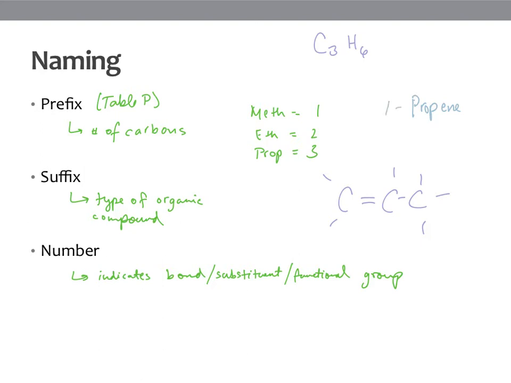Now, let's say you have an even longer chain. Let me pull up another slide. Now let's say we have this, 4 carbons. Put a double bond here. Because there are 4 carbons, you should look up the prefix. It's but for 4 carbons.